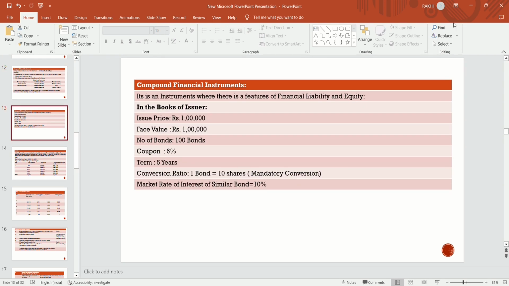Now this is to be explained with the help of an example. A compound financial instrument is an instrument where there is a feature of financial liability and equity.